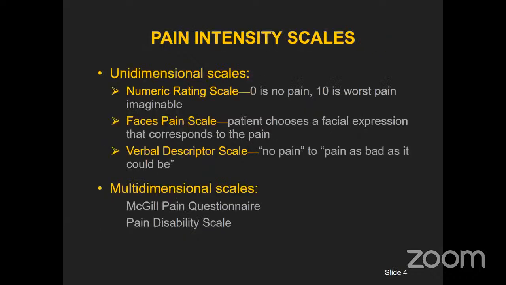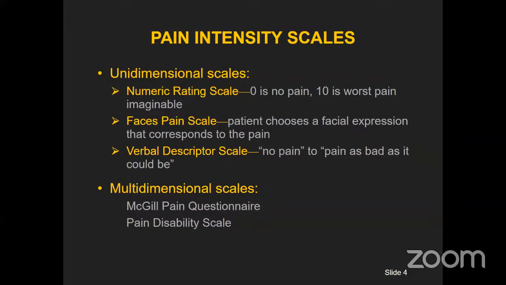So, pain intensity scales. We classify them as unidimensional scales or multidimensional scales. Among unidimensional scales, we have the numeric rating scale. This is a scale from 0, which is no pain, to 10, the worst pain imaginable.